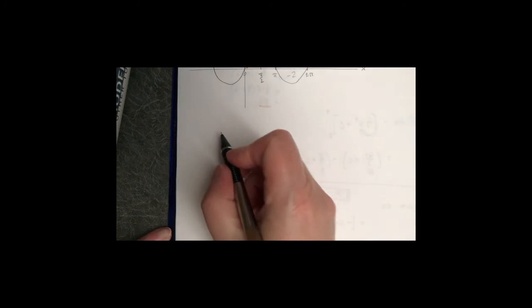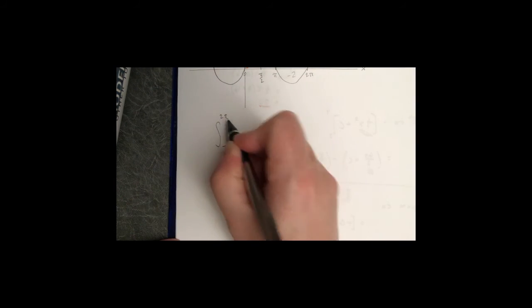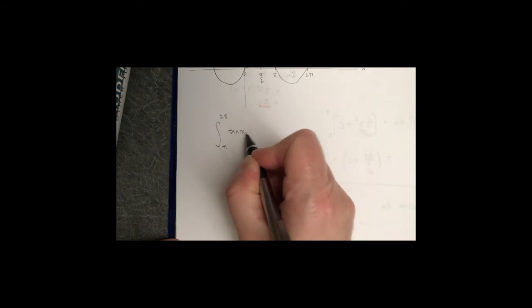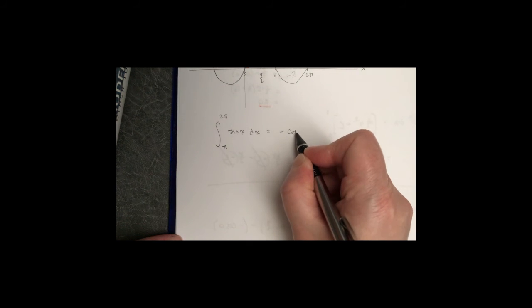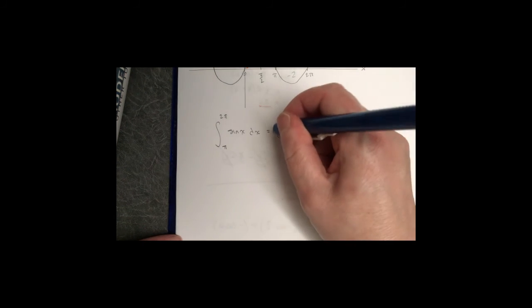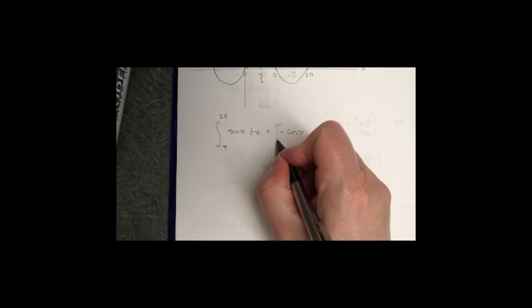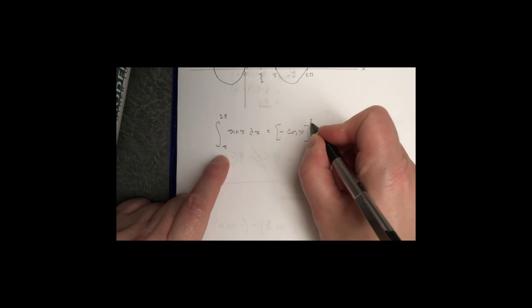So here's my integral from pi to 2 pi of sine x with respect to x. Well, sine, that's minus cosine when I integrate. You can put round brackets, but it's better notation to show that you need to evaluate it from pi to 2 pi.